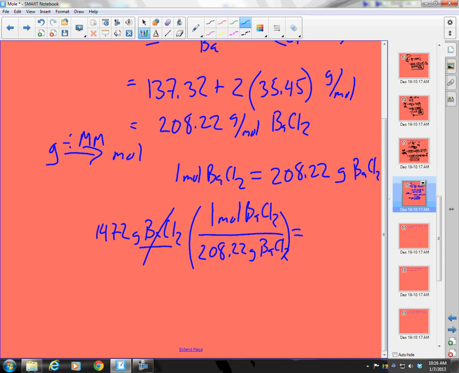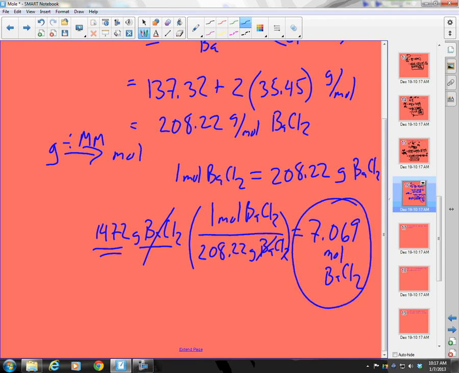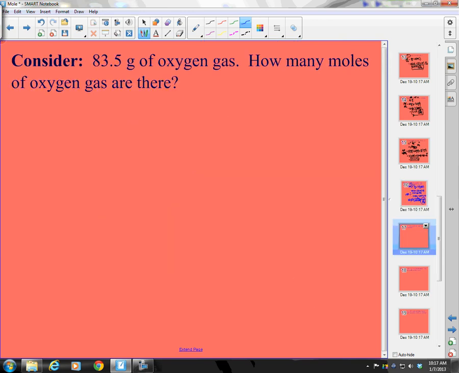My barium chlorides cancel, and what do I get? 1472 divided by 208.22, and I get 7.069. I have 4 sig figs here, so I can only have 4 sig figs of moles of barium chloride. Cool. Excellent.